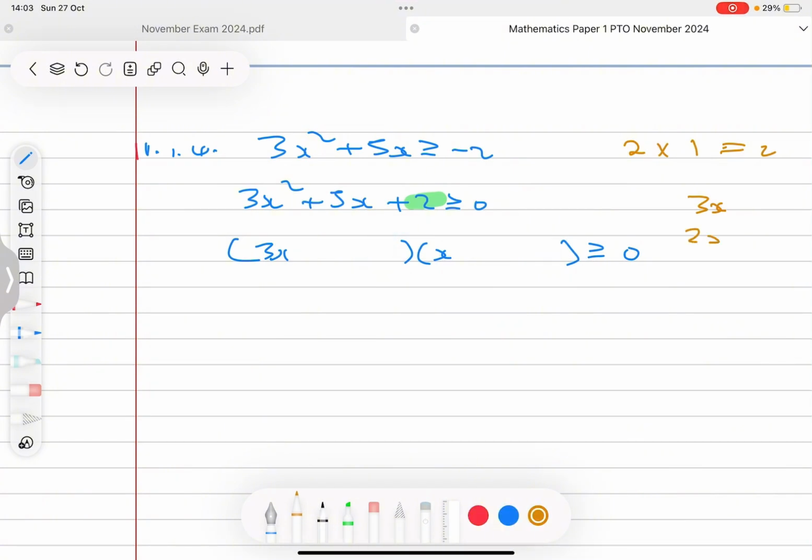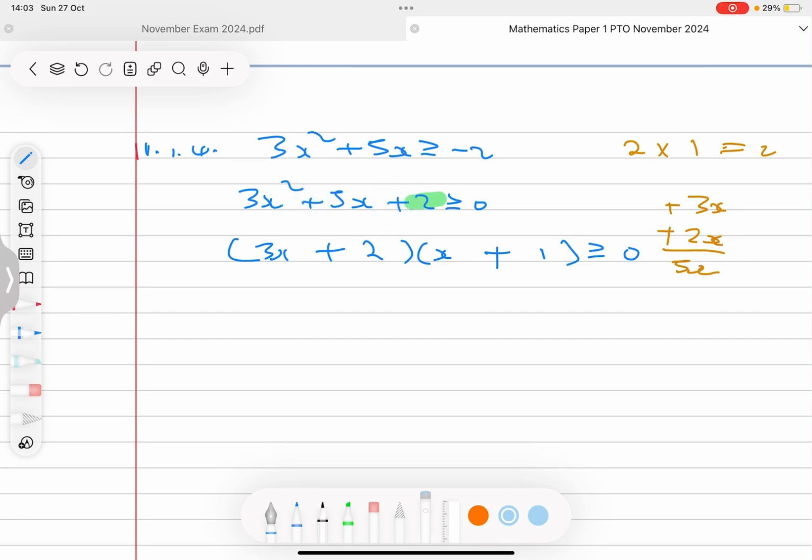Already you can see that these two, if you add them, they give you a 5x, which is this guy here in the middle, what we want. So it means we have figured out that here we should have a 1 and here we should have a 2, and both of them should be positive. And this makes sense, because I can see that I don't have a negative in my equation.